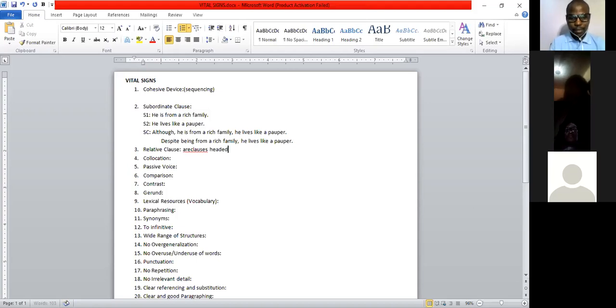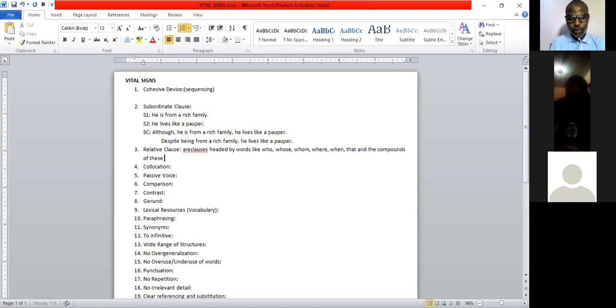Relative clauses are clauses headed by words like who, whose, whom, where, when, that, and the compounds of these words like whatever, whenever, wherever, and the rest of them like that. So these are quasi devices.